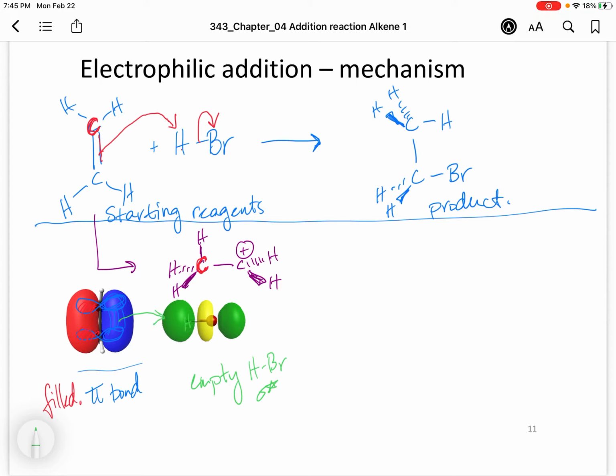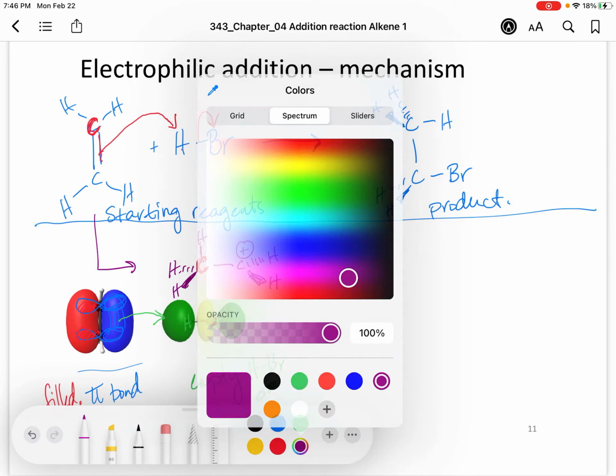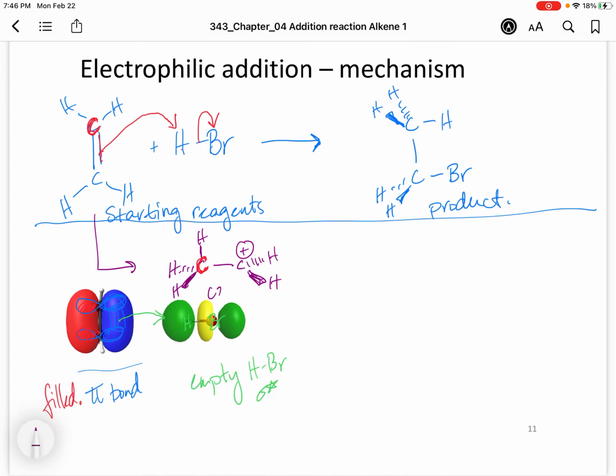Here's our H, and this is our Br, okay? So what's happening here is we just made what's called a carbocation. Let's write that out. Carbocation, okay? Appropriate that Rhodey is meowing so much.